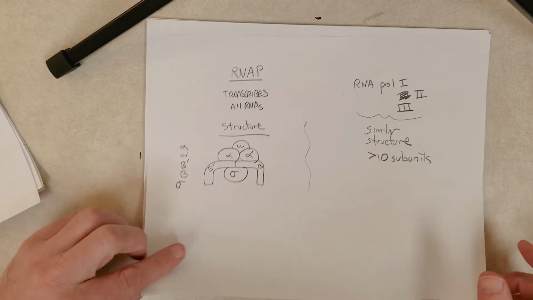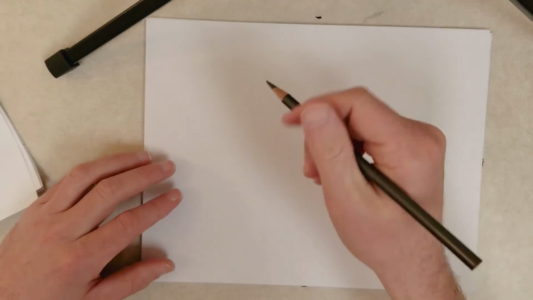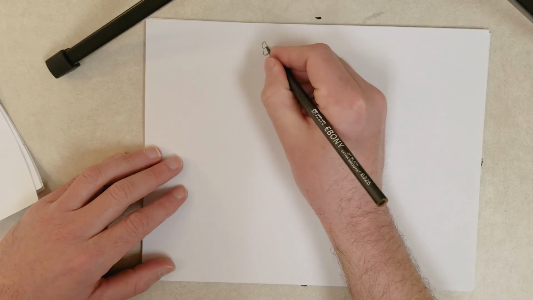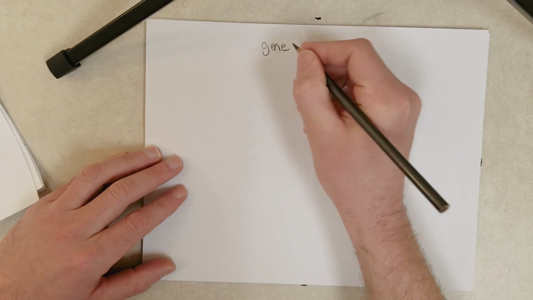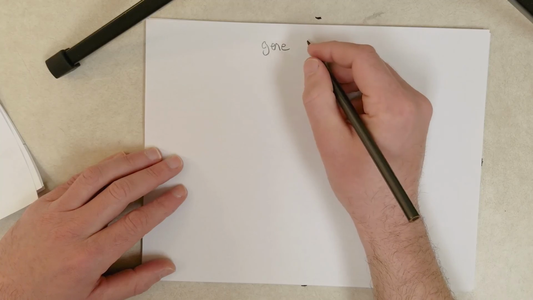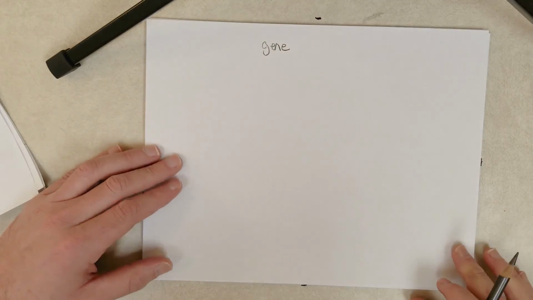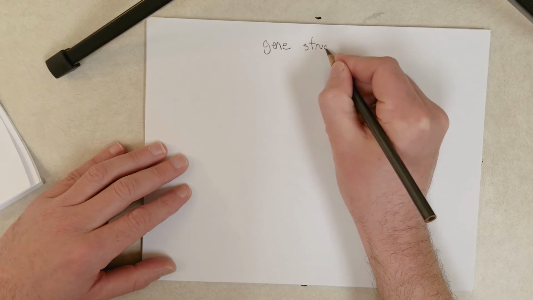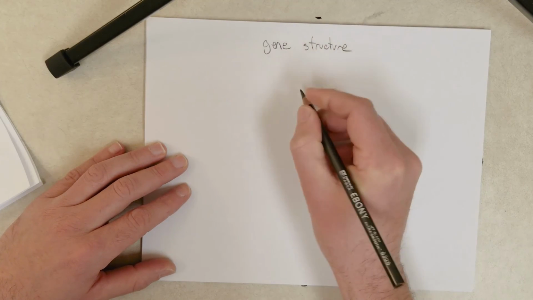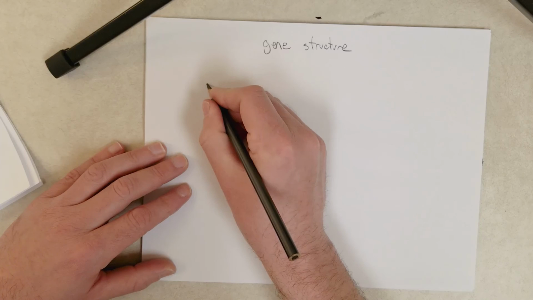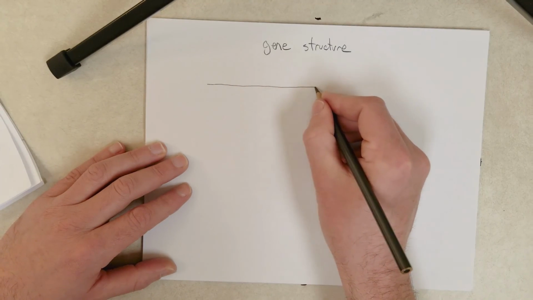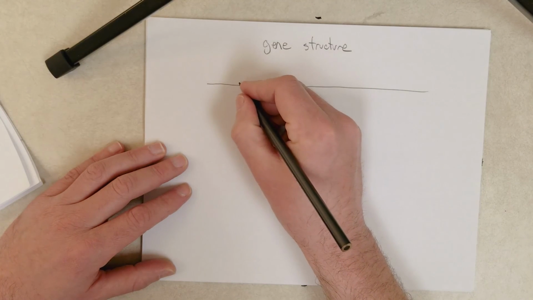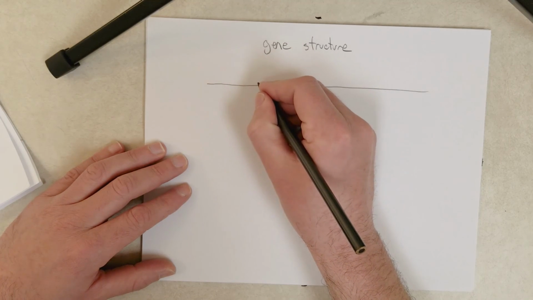Okay, so now that we've covered that, let's take a look at gene structure, because RNA polymerase is going to transcribe a gene, and we need to know a little bit about gene structure before we talk about that. So, some important concepts with respect to gene structure. Let's say this is part of a chromosome. It could be in a prokaryote, could be in a eukaryote.